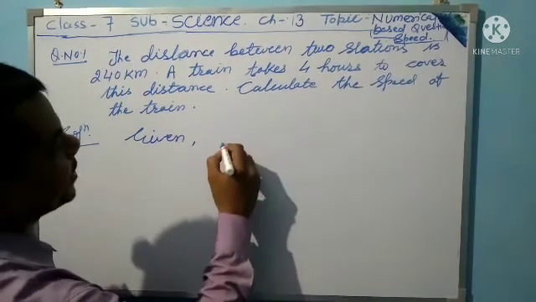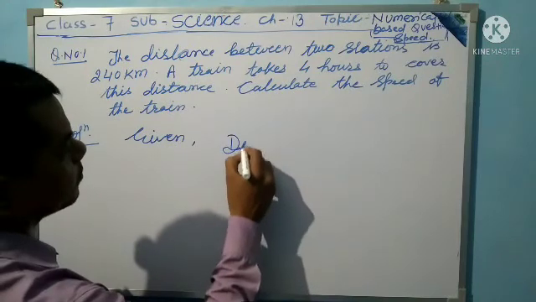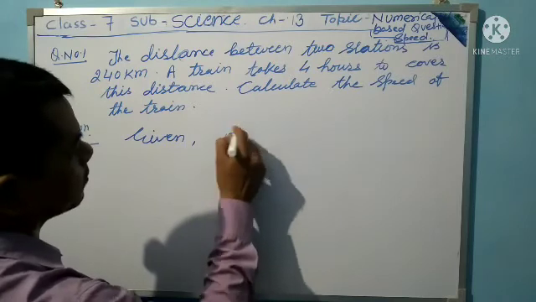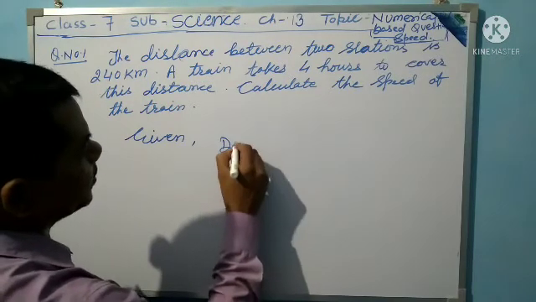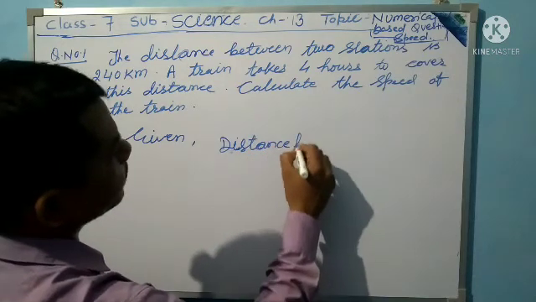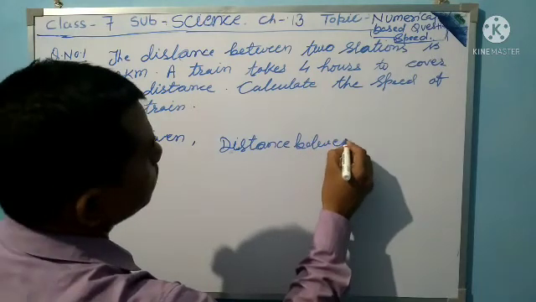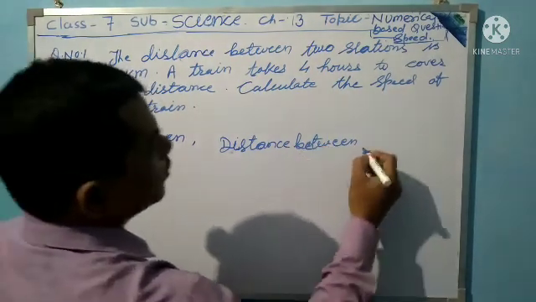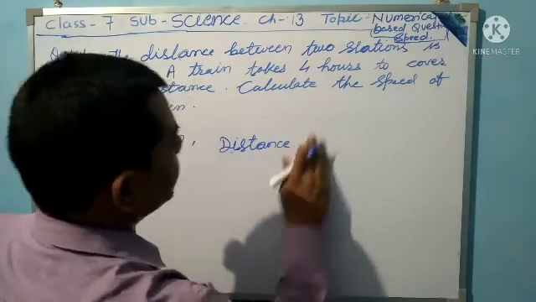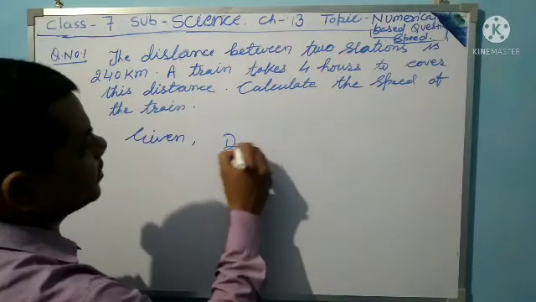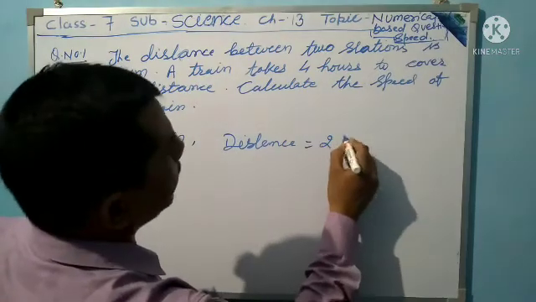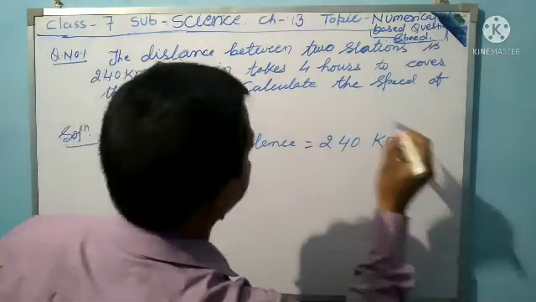The distance between two stations is 240 kilometers.